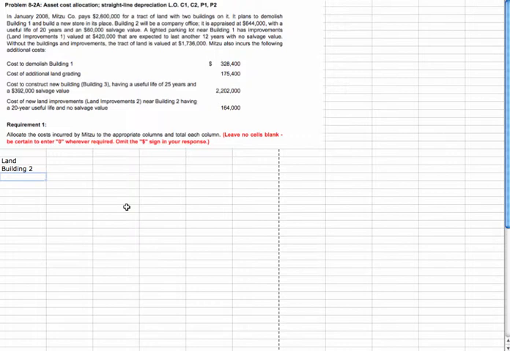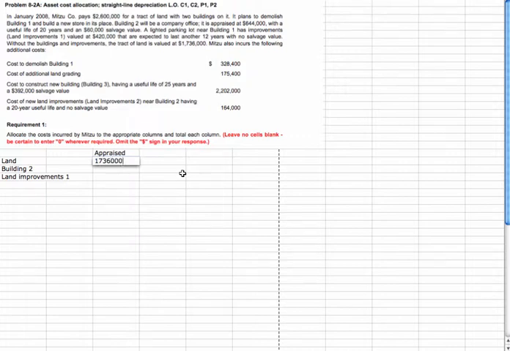Also, we have land improvements, and we'll call that land improvements number 1. So what we have is the appraised values. The appraised value for the land is $1,736,000.